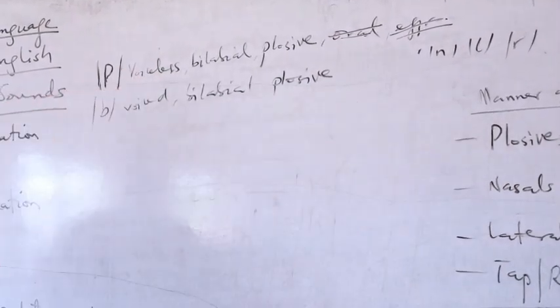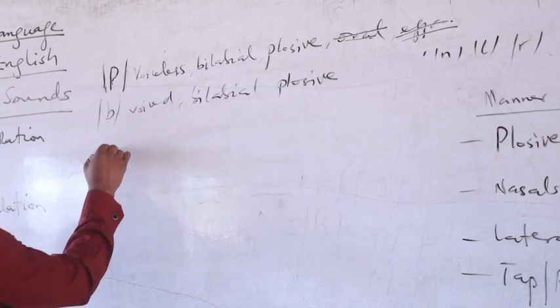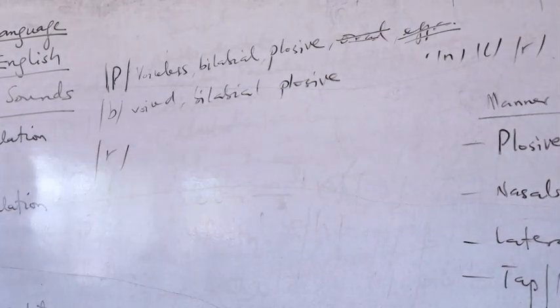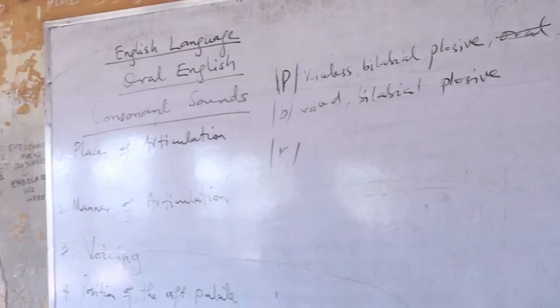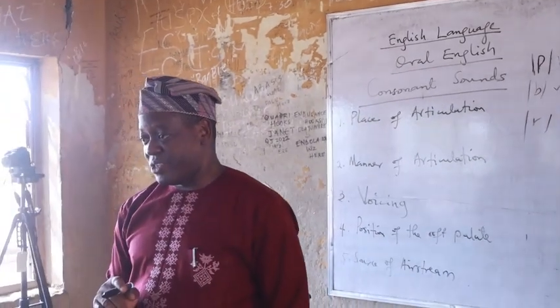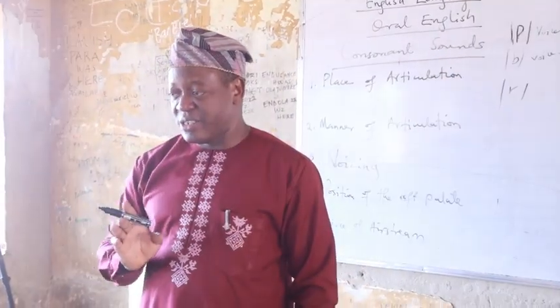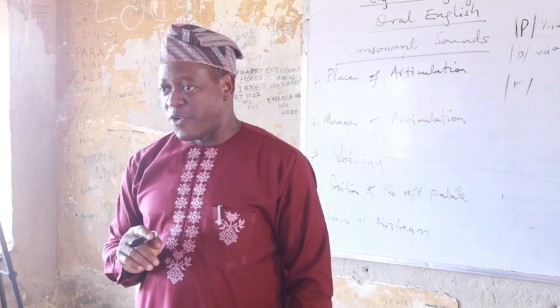Describe this sound for me. Out of those 24 consonant sounds, we have 9 of them that are voiceless. The remaining 15 are voiced. 9 voiceless, 15 voiced.